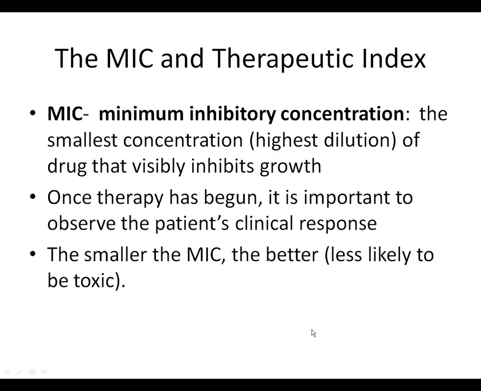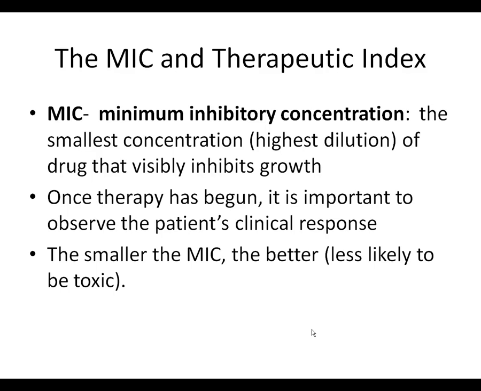When we talk about the minimum inhibitory concentration and the therapeutic index, these are ways that we can determine and look at how dosing is going to be effective. The minimum inhibitory concentration is the smallest concentration of a drug that will visibly inhibit the growth of bacteria.